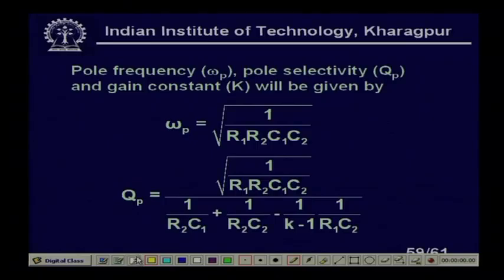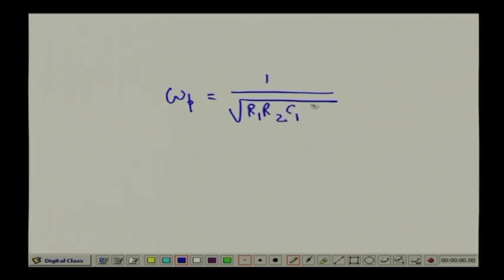Now, I talked about the sensitivity. Logarithmic sensitivity we should define like this. In many cases we have found that omega p equals 1 upon root over R 1, R 2, C 1, C 2, is it not. Logarithmic sensitivity means the sensitivity of omega p with respect to R 1, R 2, C 1, C 2.